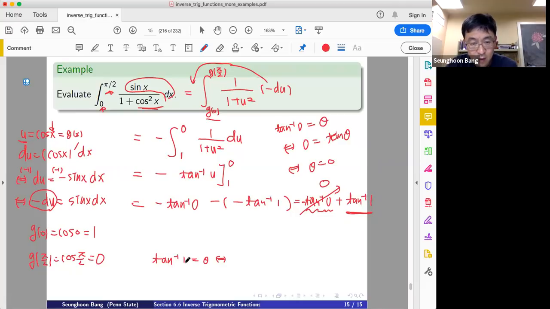Inverse tangent of 1 equals angle theta. We don't know theta, so use the definition of inverse tangent: inverse tangent of 1 equals theta is the same as 1 equals tangent theta. Which angle has tangent 1? Angle theta is exactly pi over 4. This is the reason we have pi over 4. The answer is pi over 4.